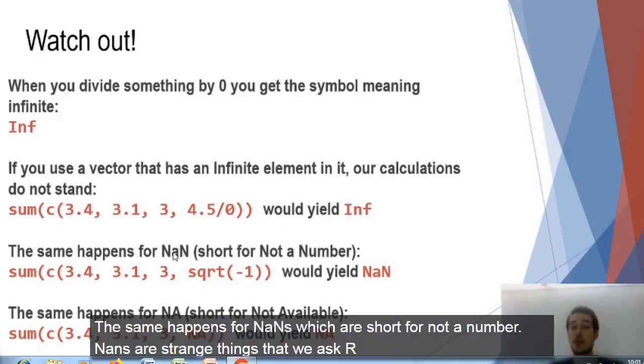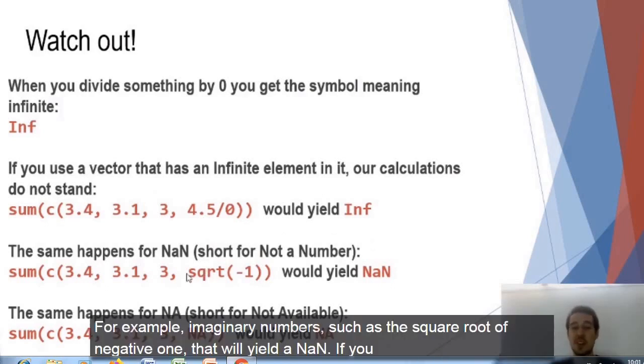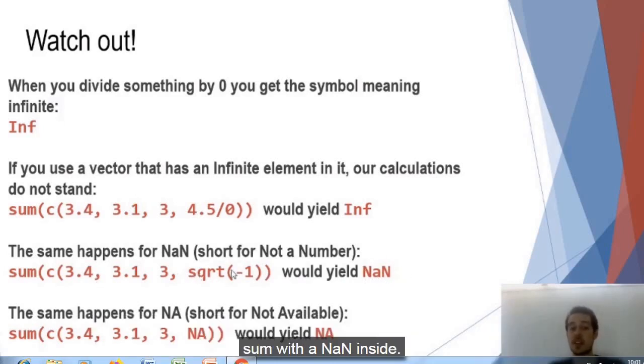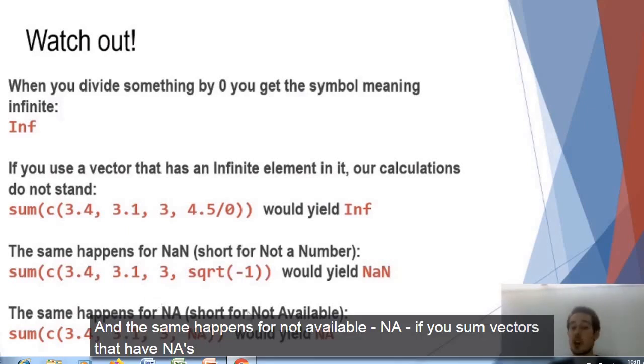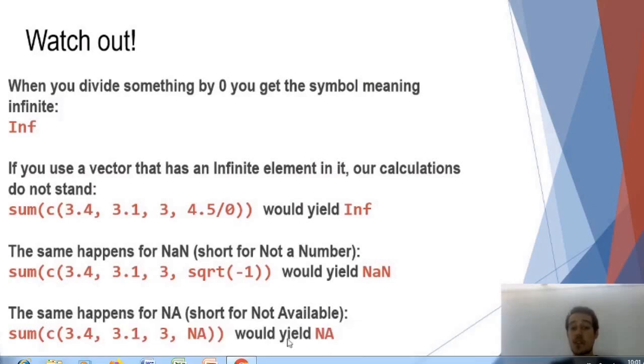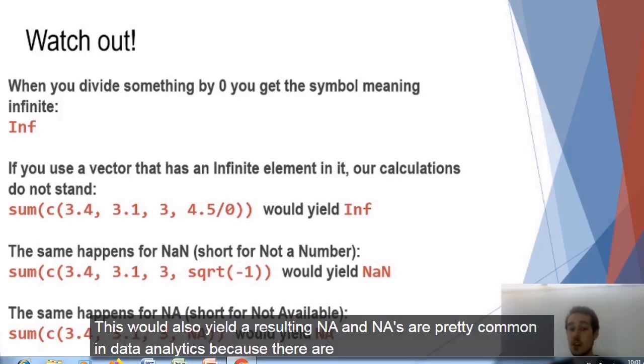The same happens for NaNs, which is short for not a number. NaNs are strange things that we ask R to do for ourselves. For example, imaginary numbers such as the square root of -1 will yield a NaN, and if you sum with a NaN inside, the result is a NaN. The same happens for NA, not available. If you sum vectors that have NAs, this will also yield a resulting NA.